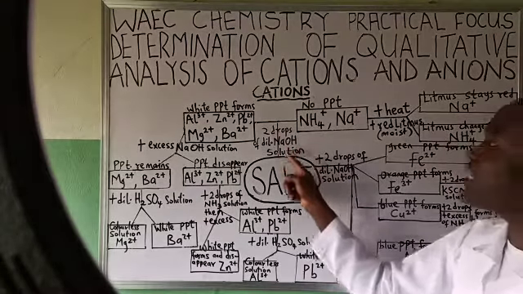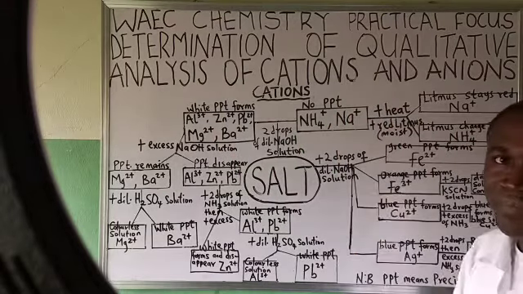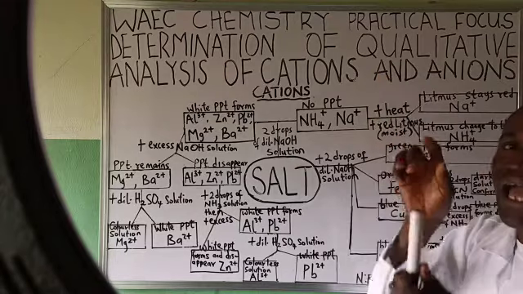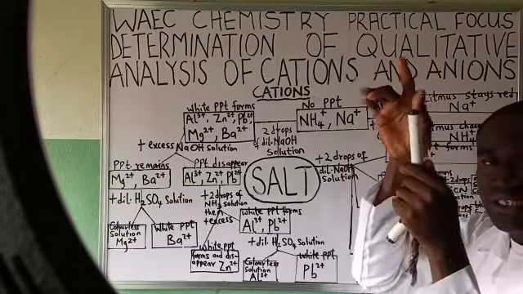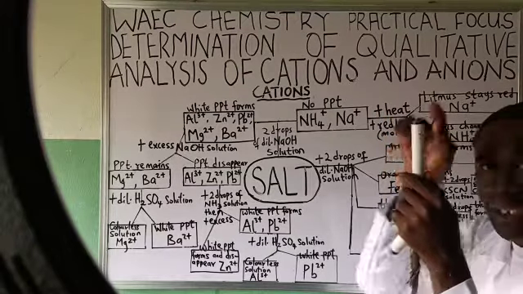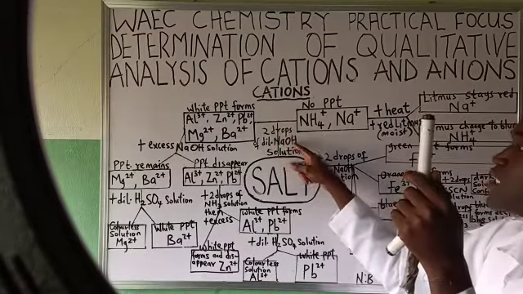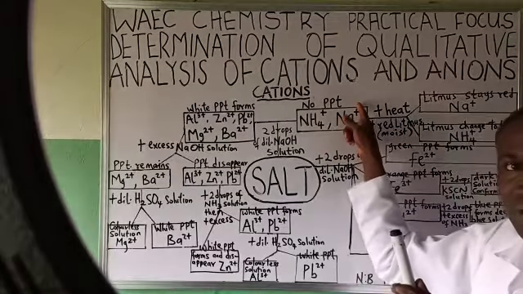But if I add this and it didn't form white PPT, no precipitate is formed, and in my solubility test I had an insoluble solution form after I heated it, the salt plus water is still forming insoluble in that solubility test, and I did 2 drops of dilute NaOH solution and I'm getting no PPT.